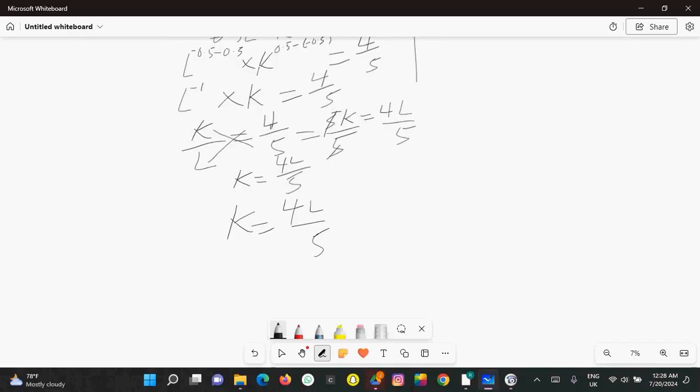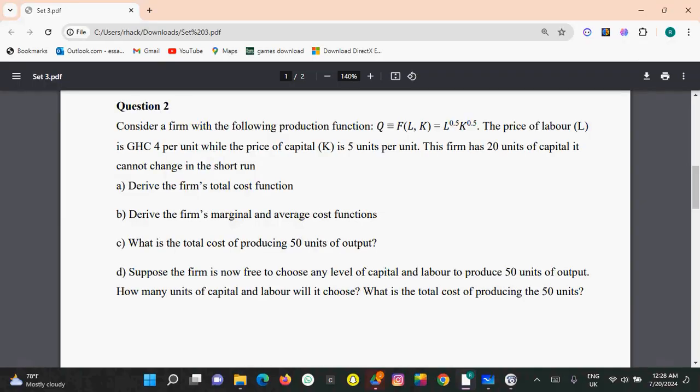The question says suppose the firm is now free to choose any level of capital and labor to produce 50 units of output. How many units of capital and labor will it choose? What is the total cost of producing 50 units? So we are going to look at the optimum capital and labor it will choose, and then the total cost of producing the 50 units.